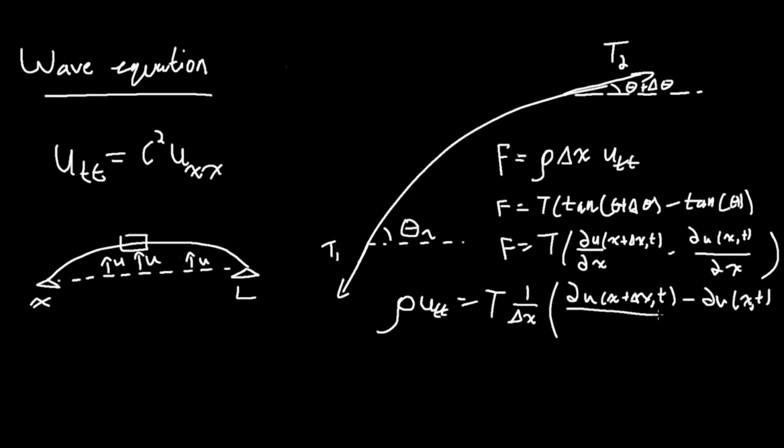Like this. This is over dx. This is over dx. Now you see, we have a function here with some slight change in x minus the same function of just x.